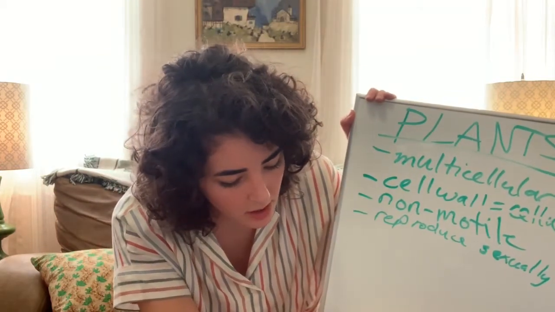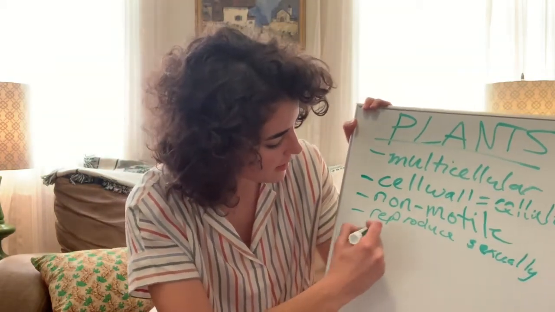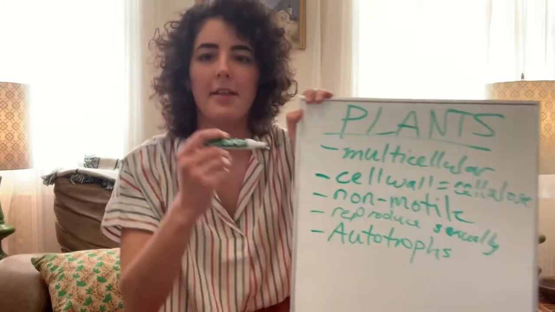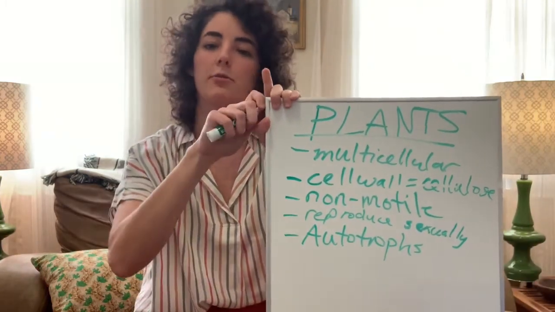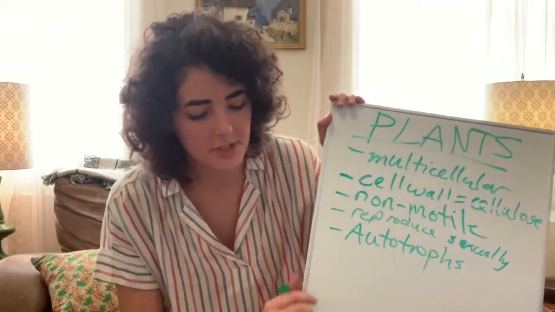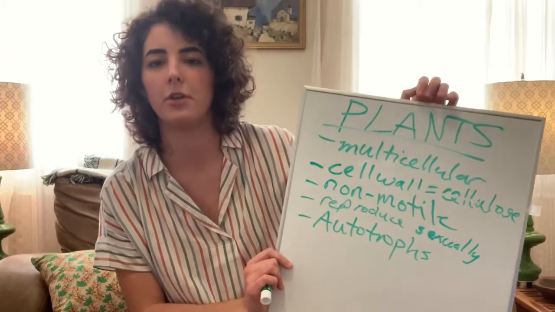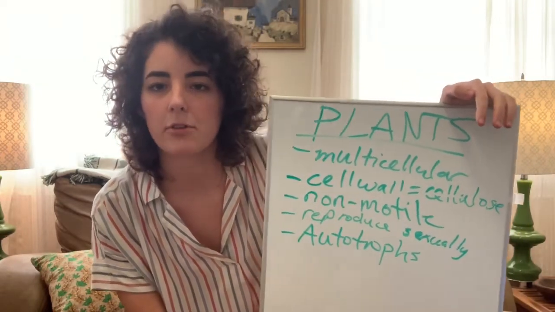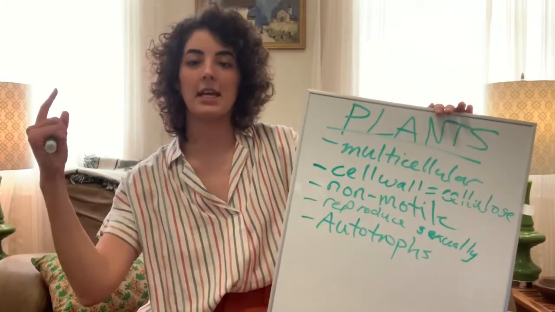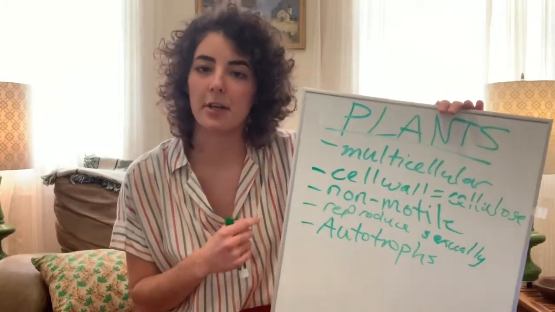Like we already said, they are always autotrophs, which means that they get their energy from the sun by performing the process of photosynthesis. So they make their own food. We've already talked about photosynthesis a lot, but if you need a quick refresher, they take in carbon dioxide from the atmosphere.